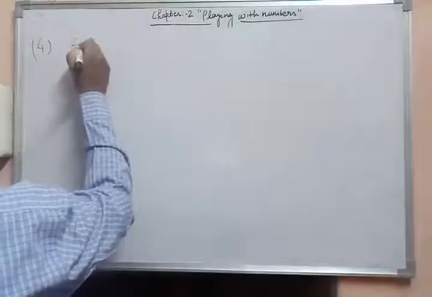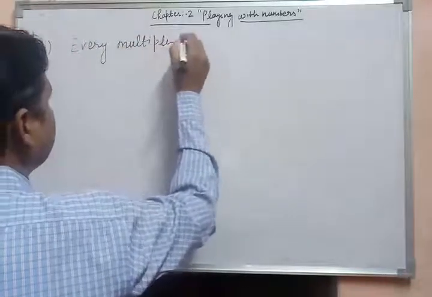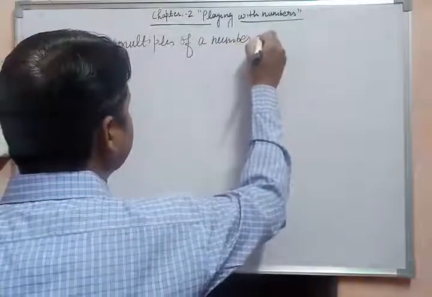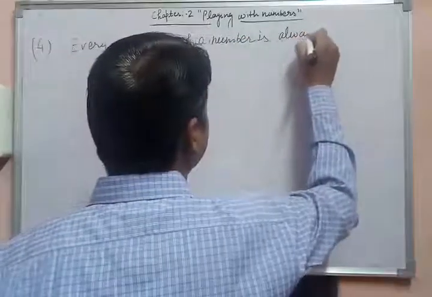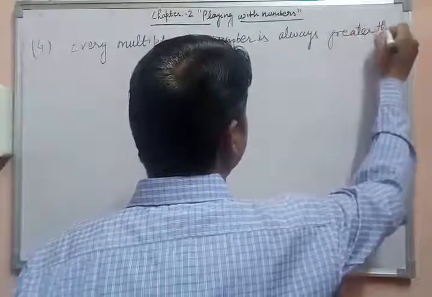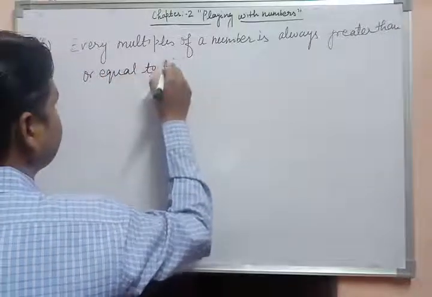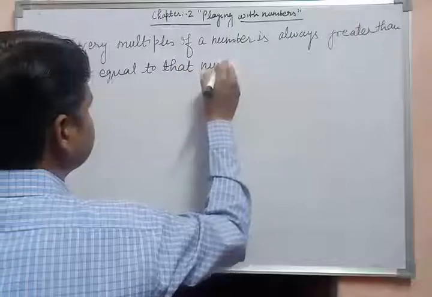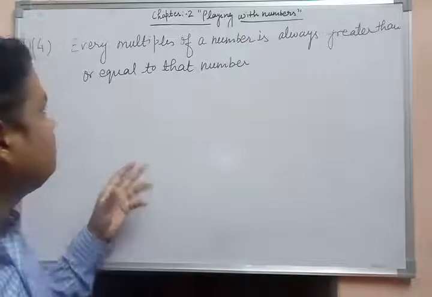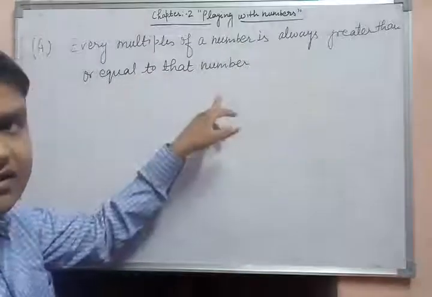Every multiple of a number is always greater than or equal to that number. So students, this is the fact of multiples, that every multiple of a number is always greater than or equal to that number.